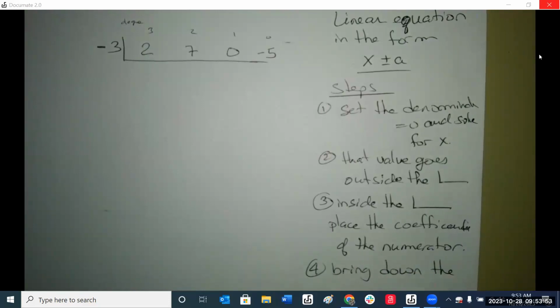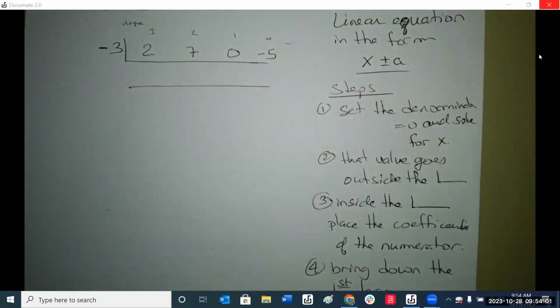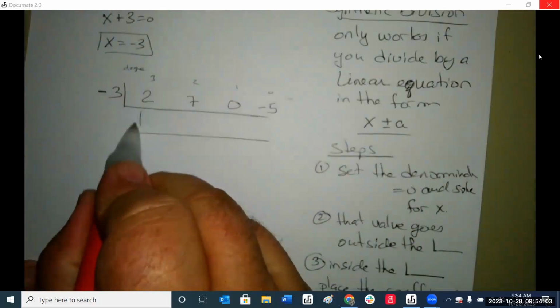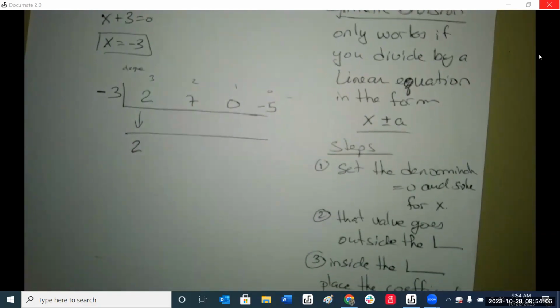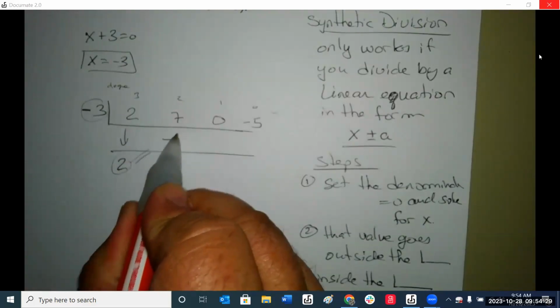Bring down the first term, 2. Multiply negative 3 by 2, place the answer there.